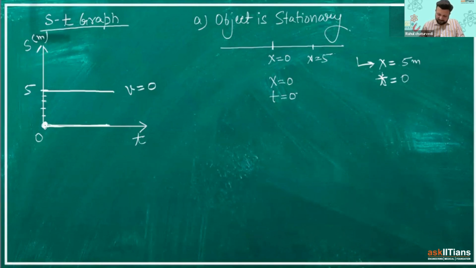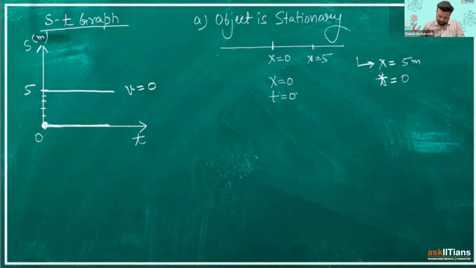Now, let's consider the case when the object is not moving. Actually, let's say one more case, the VT graph. In the same case, when the object is stationary, the VT graph.